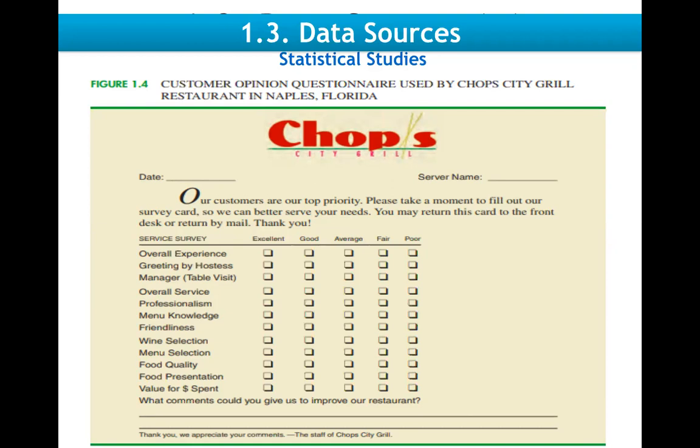In an experimental study, a variable of interest is first identified. Then one or more other variables are identified and controlled so that data can be obtained about how they influence the variable of interest.